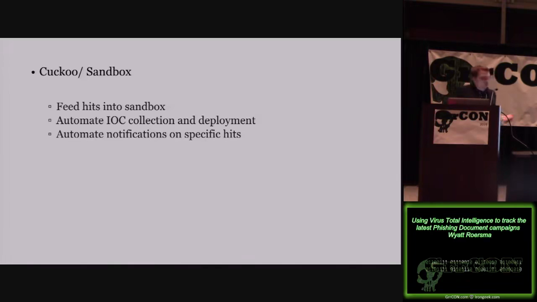So we can feed it into a Cuckoo or a different paid commercial sandbox. And then you can automate IOC collection from the Cuckoo API and deploy it to, in our case, TAP, or in someone else's case, whatever IDS rules that you have, or however you're detecting domains, IPs, or anything else that can show up in a Cuckoo report that you could use for deployment.